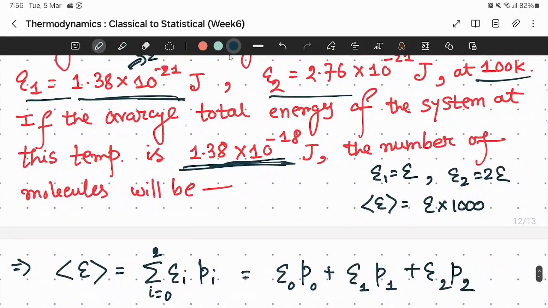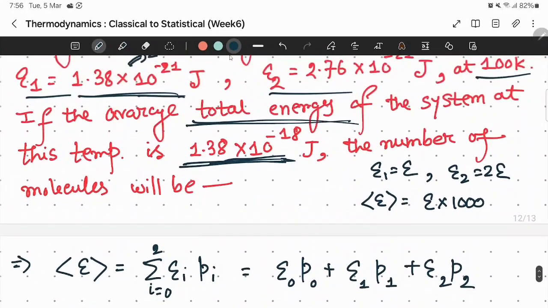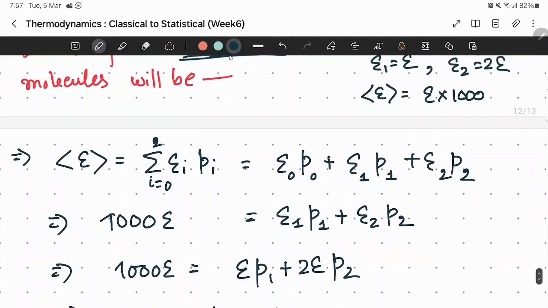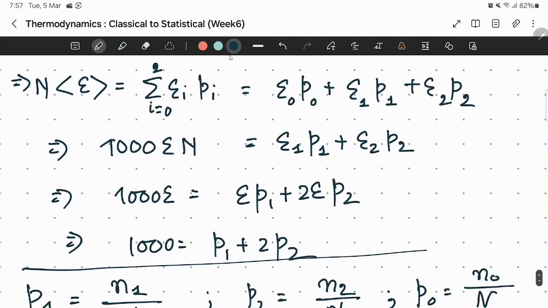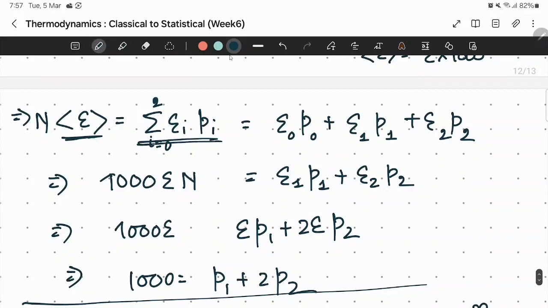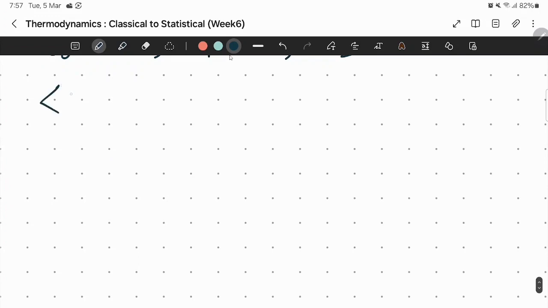This is the total energy of the system, while this is the average energy for a single molecule. So the total average energy should be N into the average energy for a single molecule.